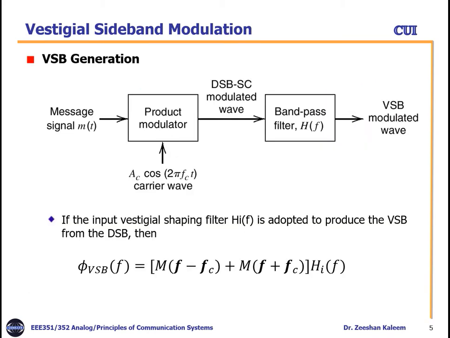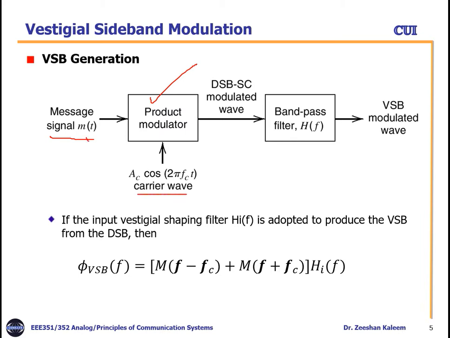So this is a block diagram which shows how we can generate a VSB modulated signal out of the double sideband suppressed carrier modulated signal. The other process is similar to double sideband modulation. Let's see. This is your message signal which you want to modulate. This is the product modulator, and this is your carrier.